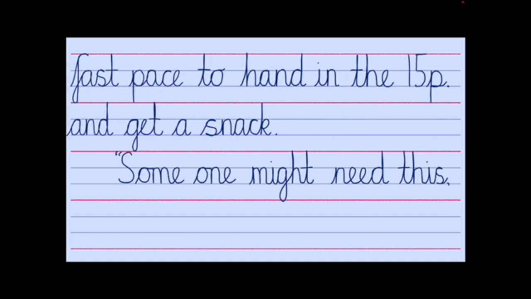First we will put a comma, then the speech marks. He said. And the sentence finishes with a full stop when we've added who said it.